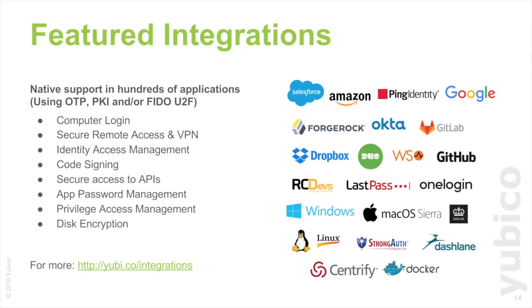For single sign-on, you can use solutions such as Okta or Ping Identity. Or if you have a security provider such as Duo, RCDevs, or Strong Authentication, you can use the YubiKey with those services to perform even stronger authentication. There's a whole range of integrations supported by the YubiKey, which you can see on our website.